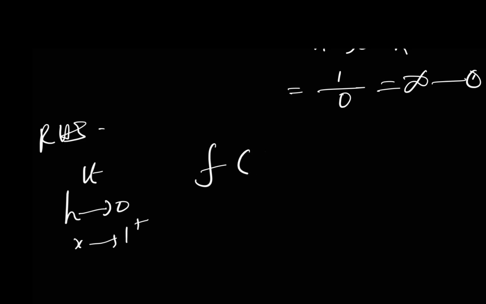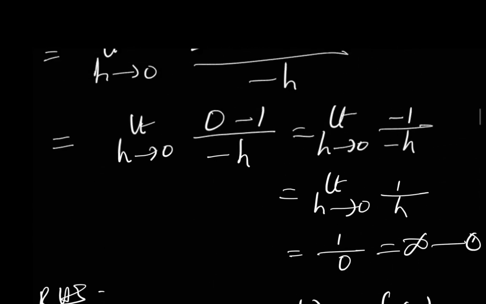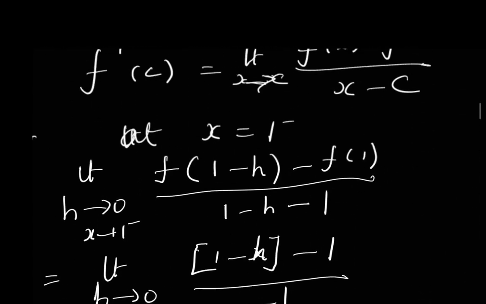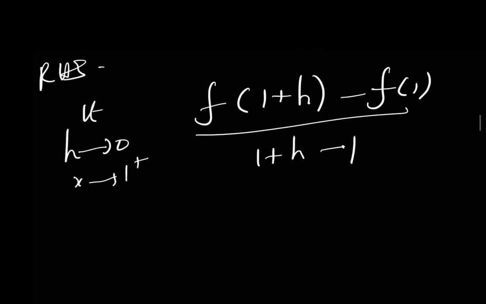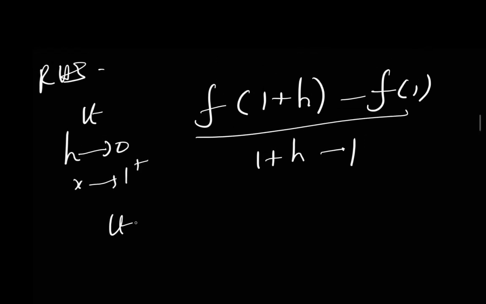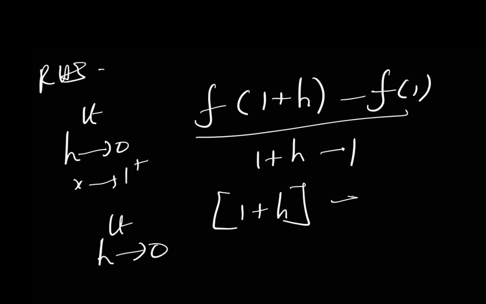Therefore, f of 1 plus h minus f of 1 divided by x minus c, that is 1 plus h minus 1. So here you will get the limit as h tends to 0 of f of 1 plus h minus f of 1, which is 1.